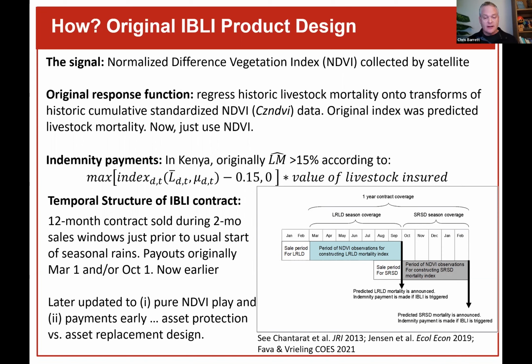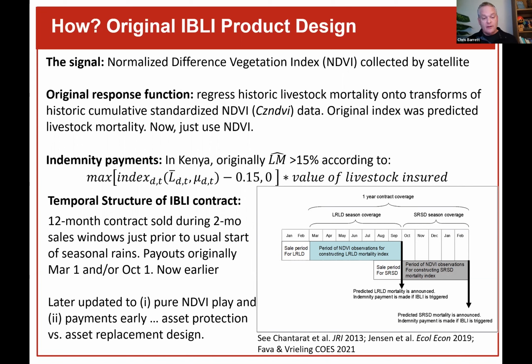This is an index that is built off of objectively verifiable data. It's remotely sensed data, publicly available. Anybody can access it. No part of the contract can manipulate what NOAA is going to publish. It's very low cost. It's available in near real time. This is what you want for an index insurance design.